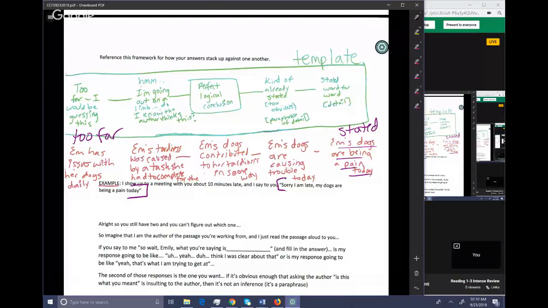They're just really, really badly behaved dogs. Those would be things that are just ridiculously too far. You're just making things up if you're making that type of conclusion. The half step would be like, M's tardiness was caused by a task she had to complete for the dogs.